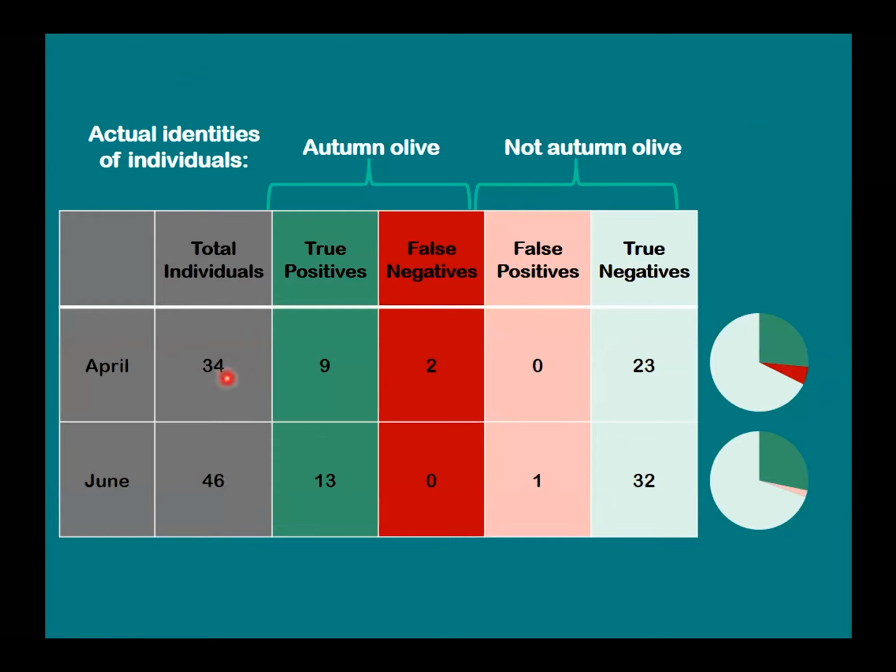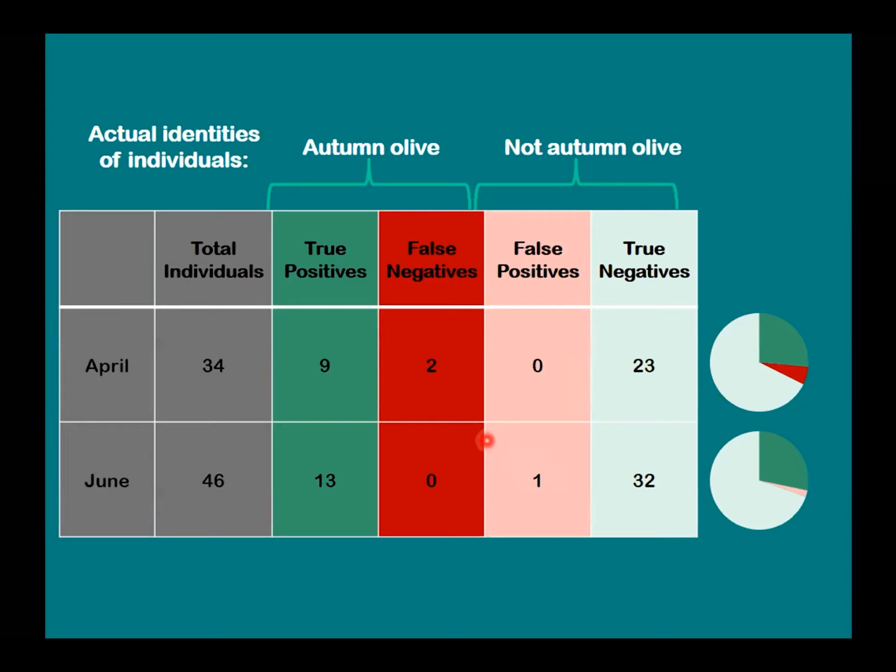So in April, we had 2 false positives. So there were two individuals that we identified as autumn olive that were not autumn olive. And in June, there were 2 false negatives, meaning we identified 2 species as not being autumn olive, and they were autumn olive.